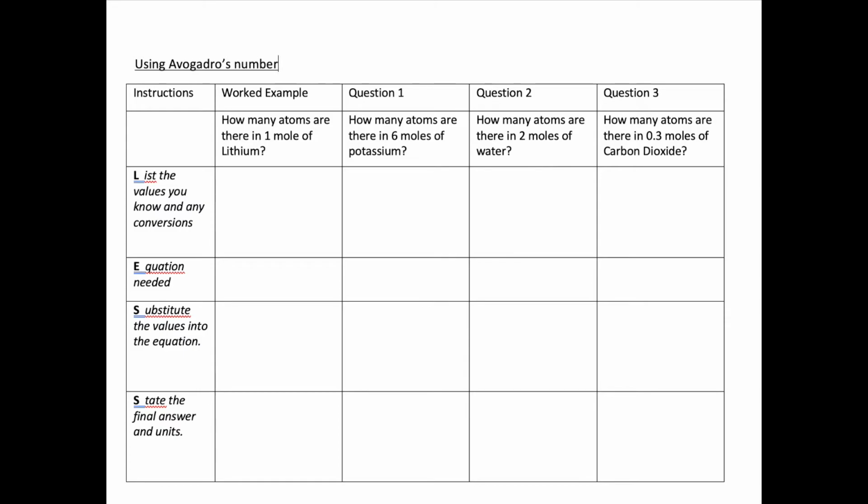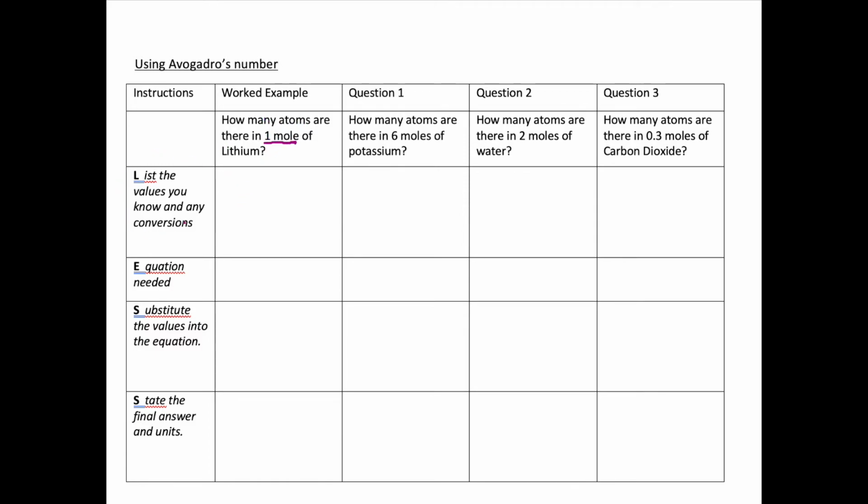Okay, so let's have a look now at how we can use Avogadro's number. So just like what we did with the donuts, we can have a look at it in terms of our moles and in terms of our different representative particles. So in this first worked example, we're looking at how many atoms there are in 1 mole of lithium.